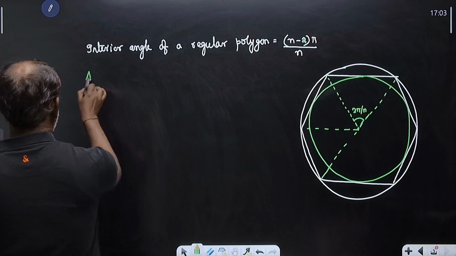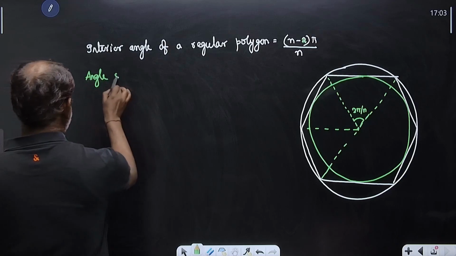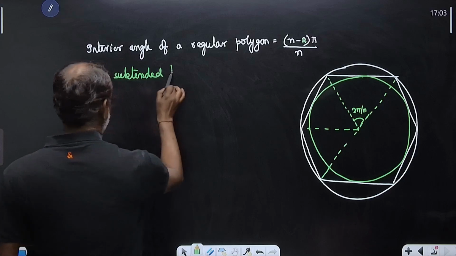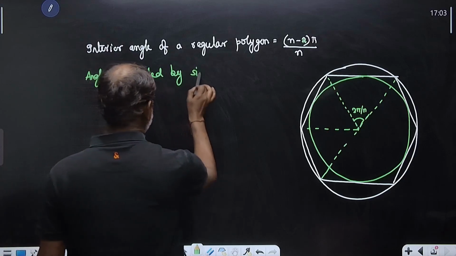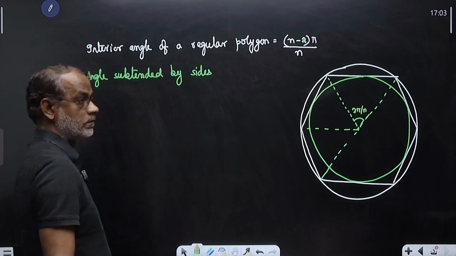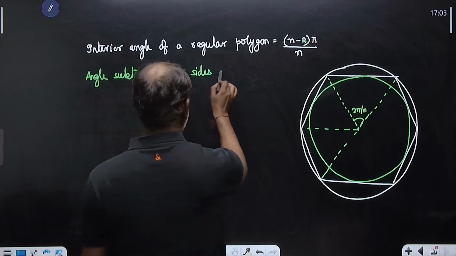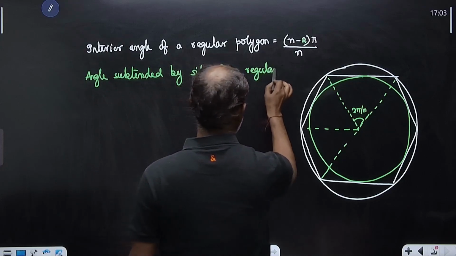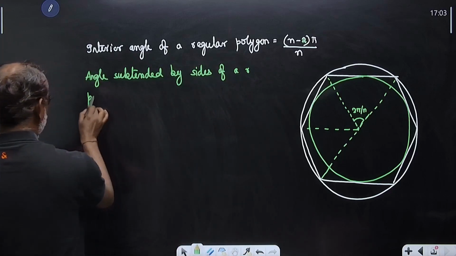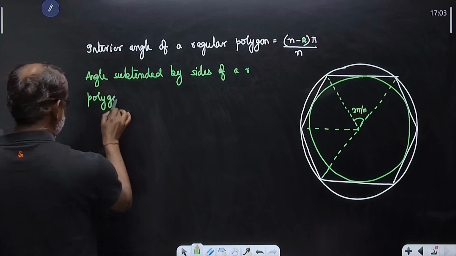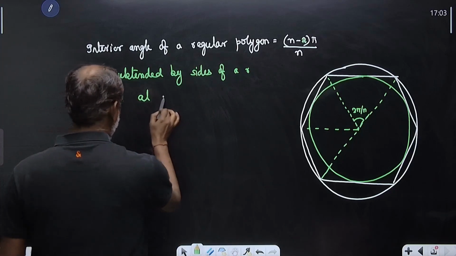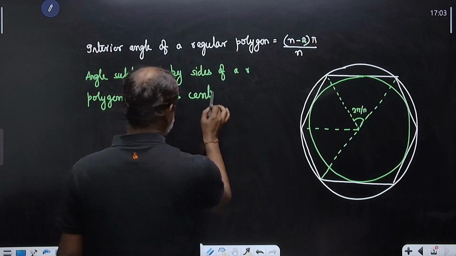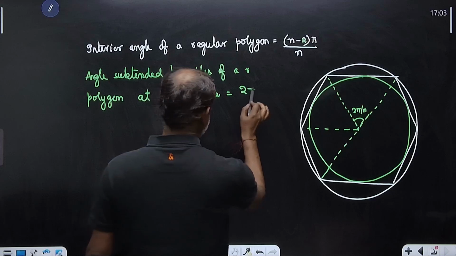So, the angle subtended by the sides of a regular polygon at its center is 2 pi by n.